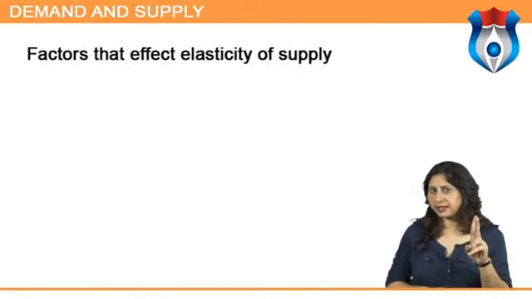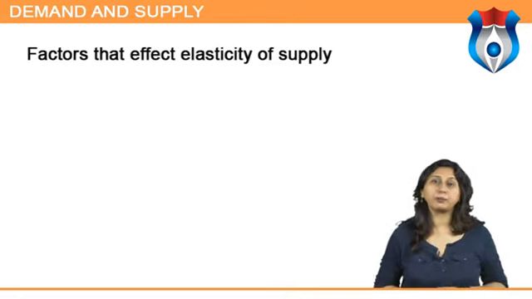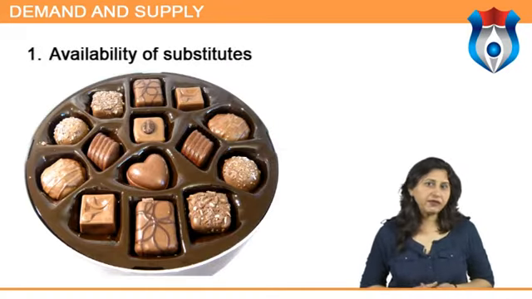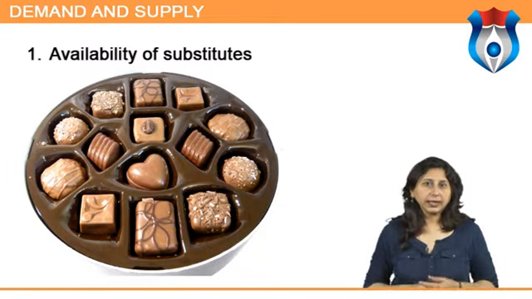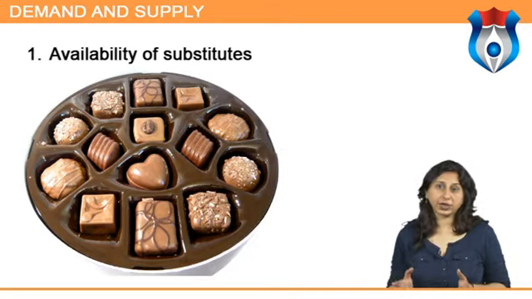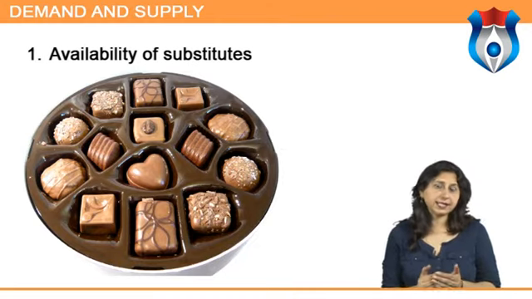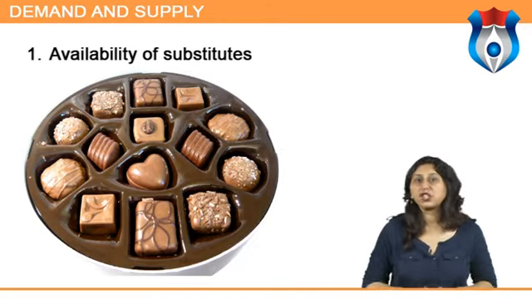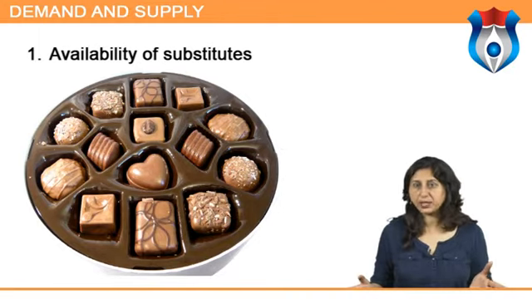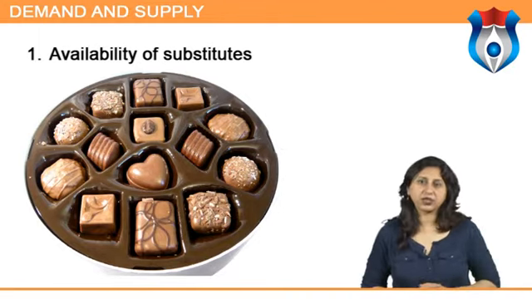Two factors that affect the numerical value of the price elasticity of supply are availability of substitutes. The ease with which sellers can find substitutes in production affects the price elasticity of supply. The general rule is that goods with a greater availability of substitutes are more sensitive to price changes.